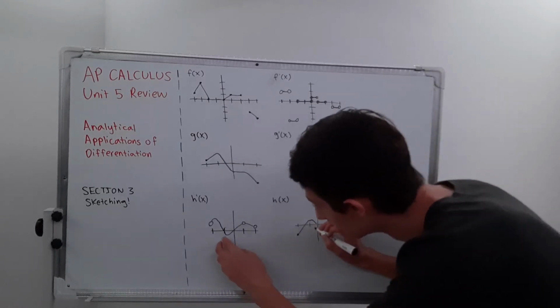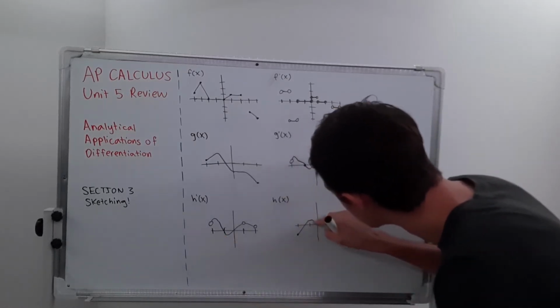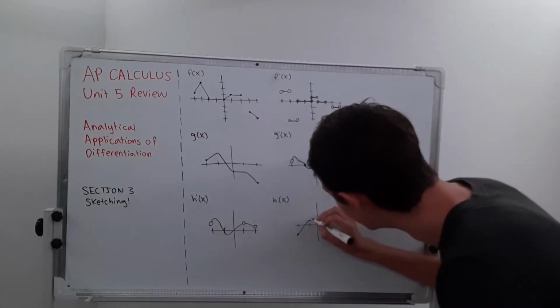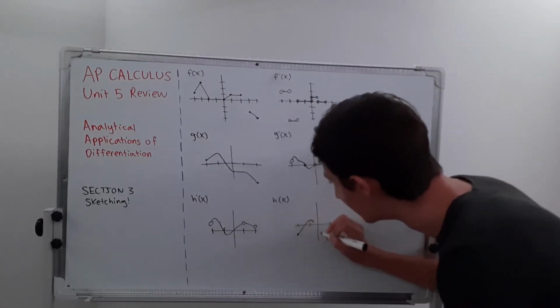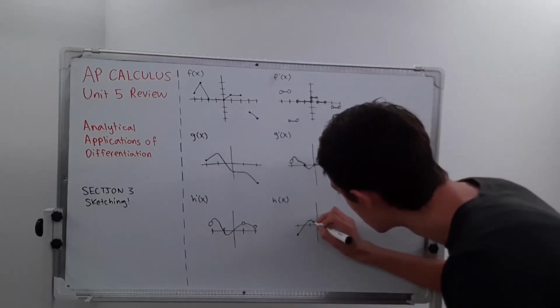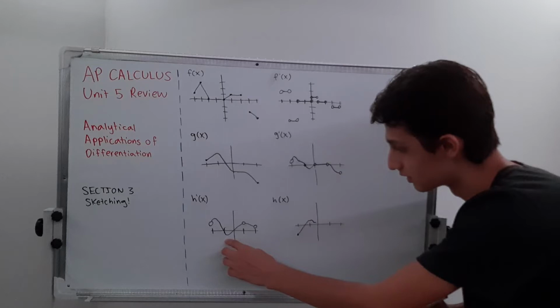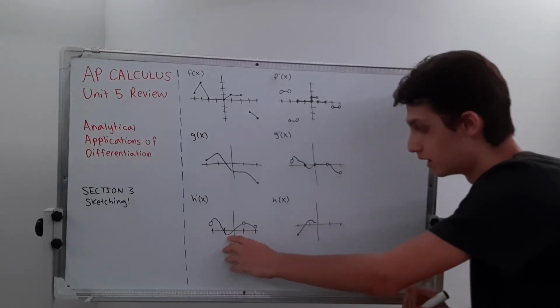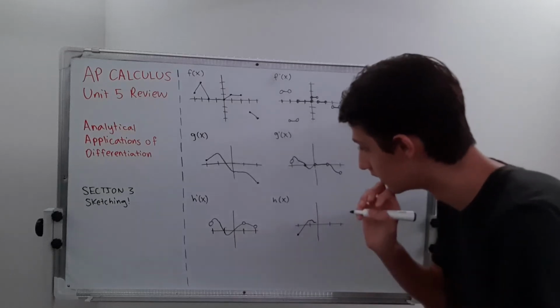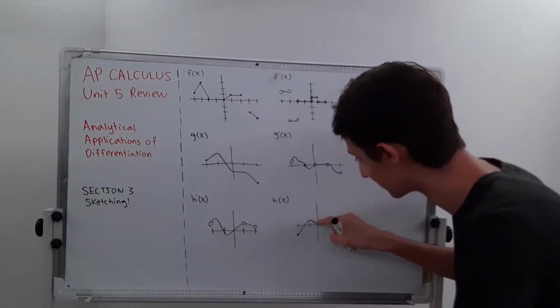So it's negative for a little bit. That's kind of weird. I guess I should have been a little better with that. But it's negative for a little bit, and then it goes back to being 0, and then it's positive. Oh, and I'm sorry, I was getting confused.